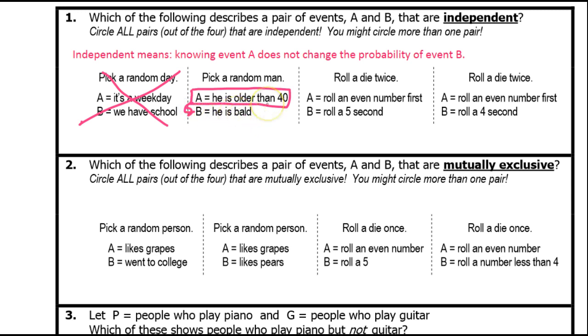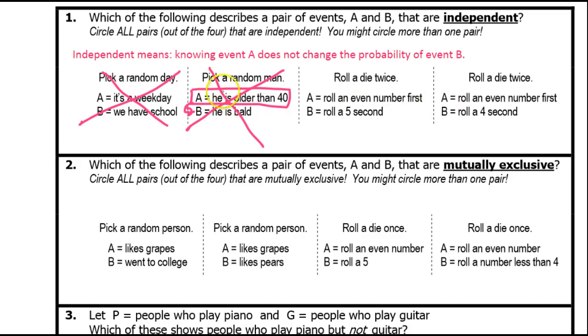And being older than 40 makes it more likely that he will be bald. Older men are more likely to be bald than younger men. So we are not going to pick this one because knowing event A changes the probability of event B.